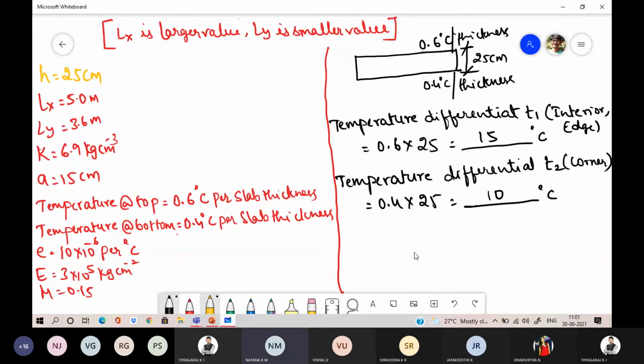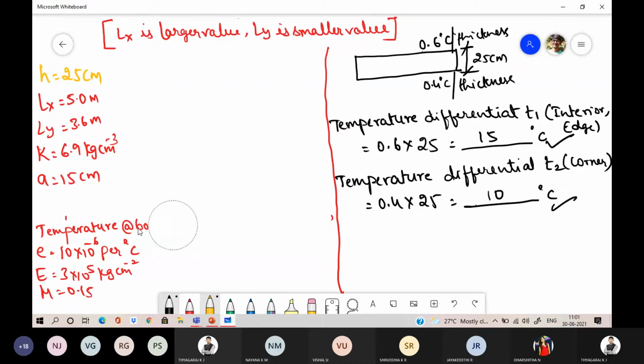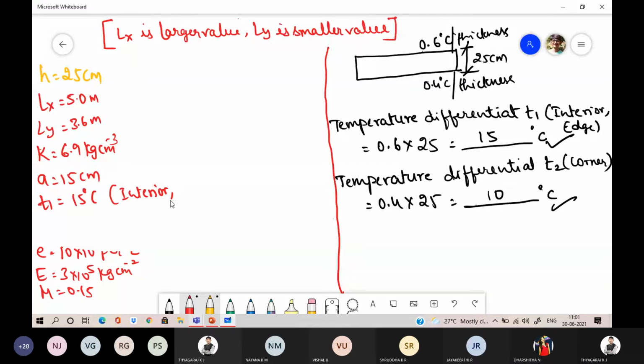Is it audible, right? Yes, sir. Now, we have calculated the temperature differential. Now, I will write this here, the data given section. T1 is equal to 15 degrees Celsius, which is for interior and edge.